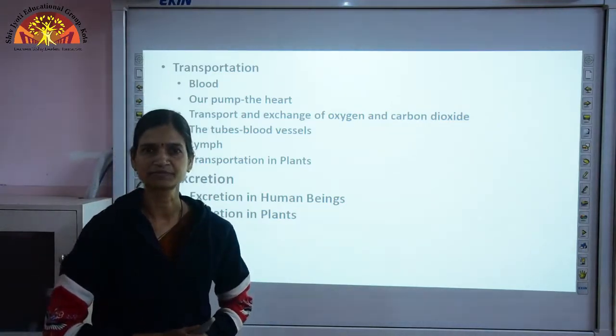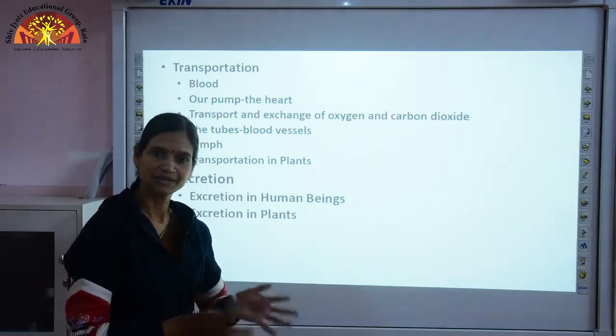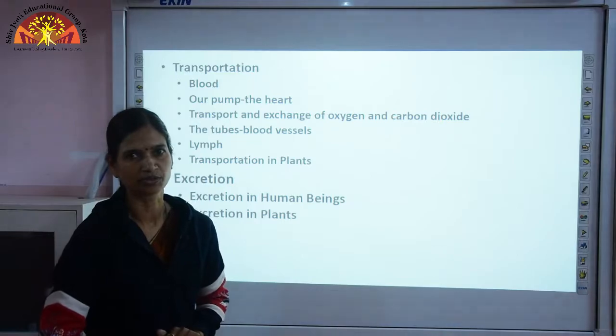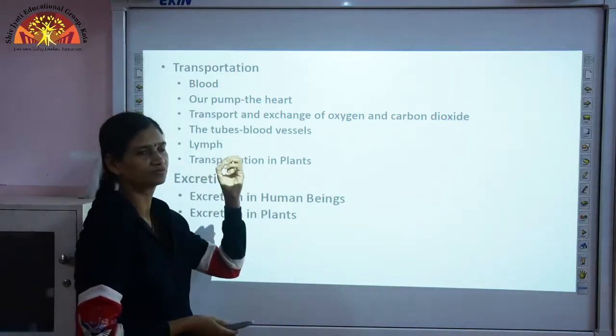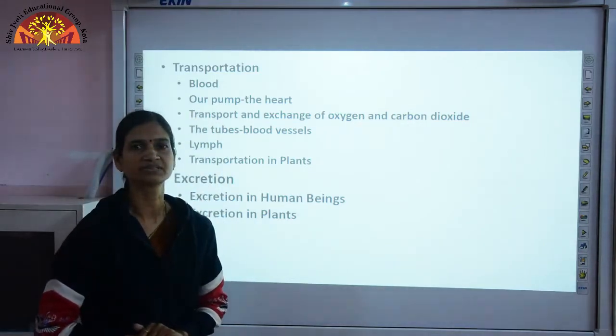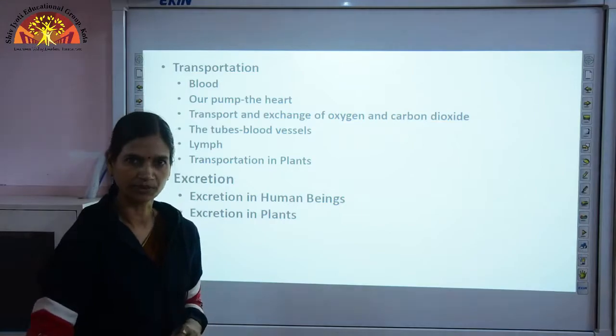Similarly, food is absorbed from the intestine, from the villi. Then blood vessels are there to carry oxygen and food to different parts of the body. So blood is the medium through which the substances are transported.